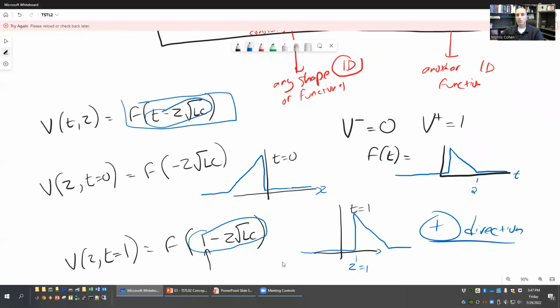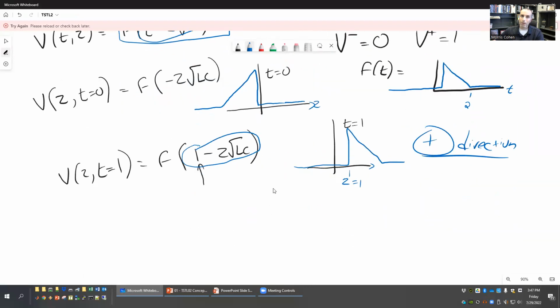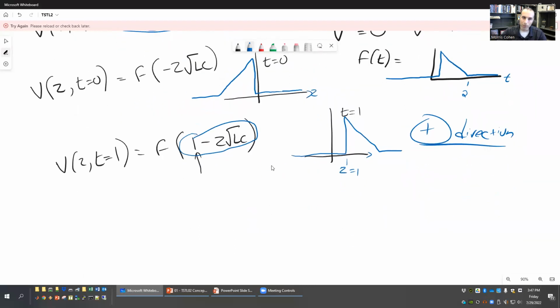So the question we'd ask is, how long does it take for the wave to travel by exactly 1 meter or 1 unit in z? If you solve for it, it turns out to be 1 over the square root of LC is the time to travel by 1 meter.